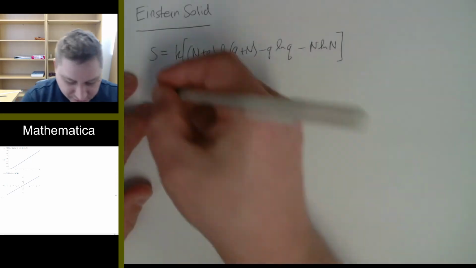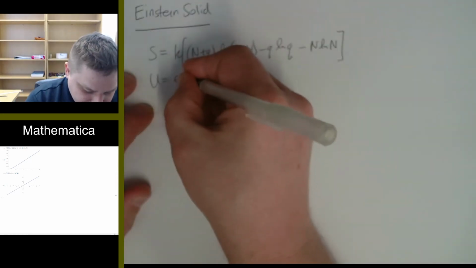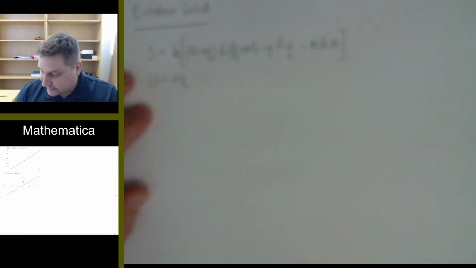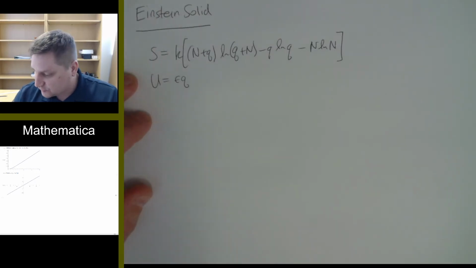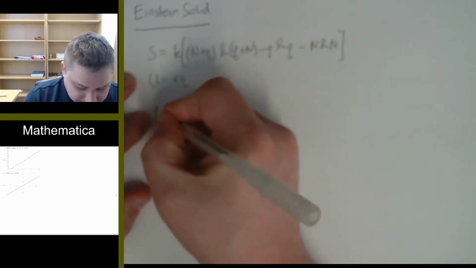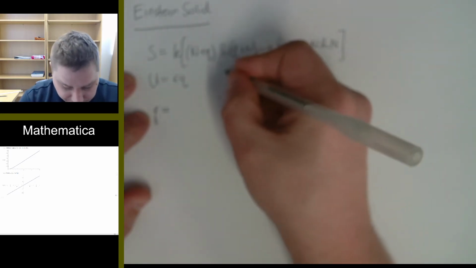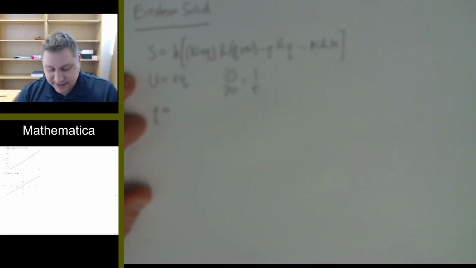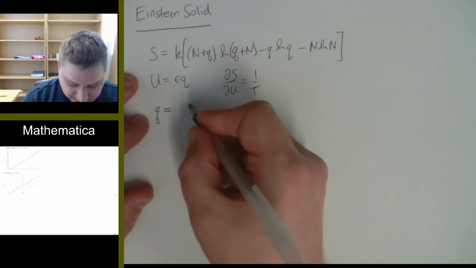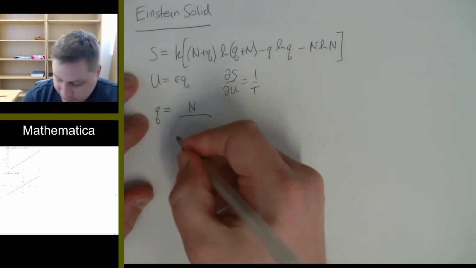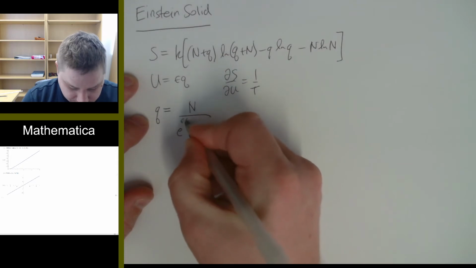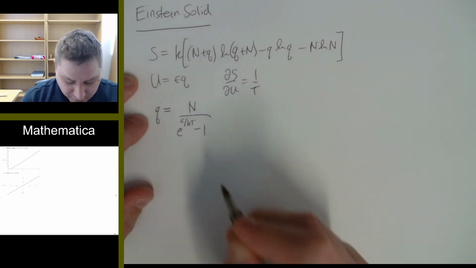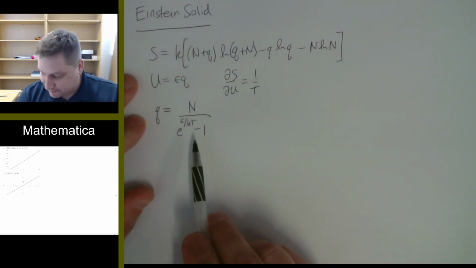That's the formula for entropy in terms of quanta, Q. Quanta are related to the internal energy, U. And when we did the derivative to get the temperature, we found out that we could write the number of quanta in terms of temperature like this.